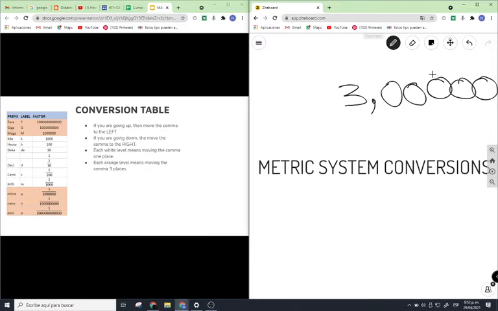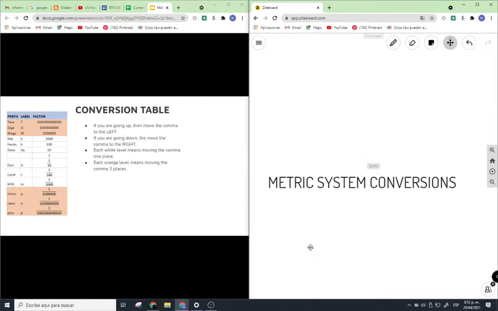The same happens when you want to move the comma to the left. If you move this comma to the left, it's going to be here. But what is before the comma? 0. And if you move it another place, before it's going to be another 0. But let's see it in actual examples.